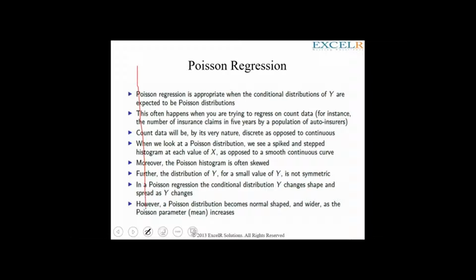For each value of probability, you will have a different shape for Poisson. If your distribution is like that, then probability would be approximately 0.1. I'm just trying to show you how a Poisson distribution looks like for different values of P probability.